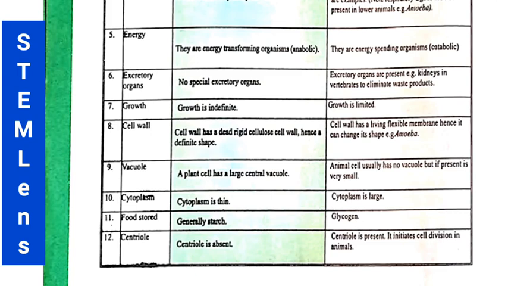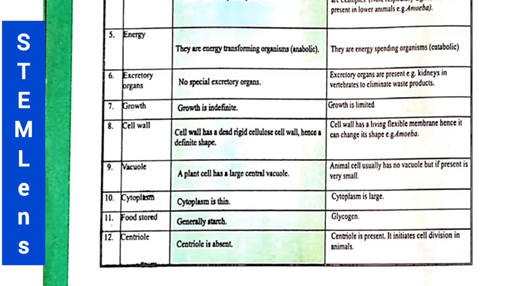Vacuole: a plant cell has a large central vacuole, while an animal cell usually has no vacuole, but if present it is very small. The cytoplasm is thin in plants, the cytoplasm is large in animals. Plants store food as starch, while animals store food as glycogen. And lastly, centriole is absent in plants but present for cell division in animals.